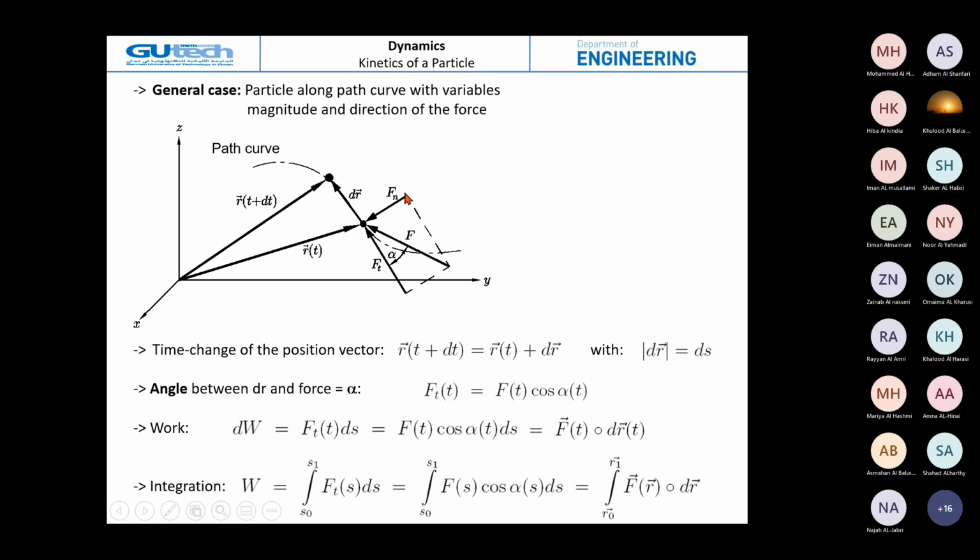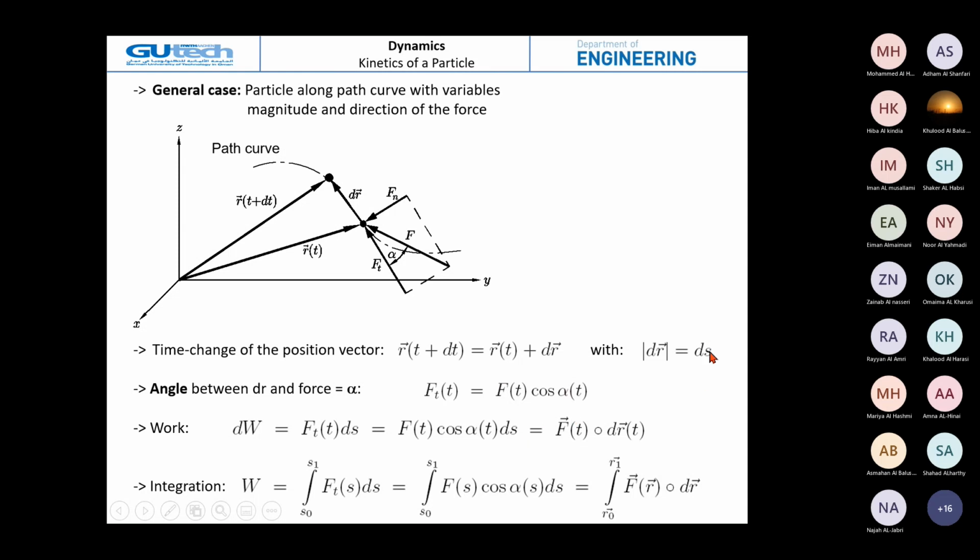Fn makes no work. The change of the distance is along the tangential direction, so there is no change in the normal direction, and it is neglected. Then we have Ft cosine alpha ds, as we replace Ft by its expression.